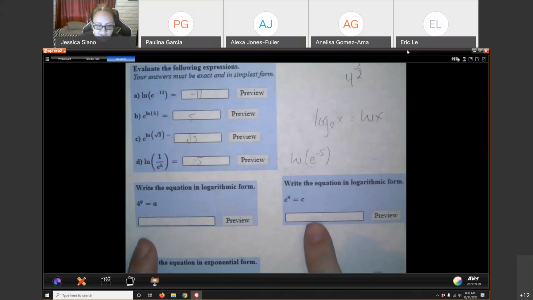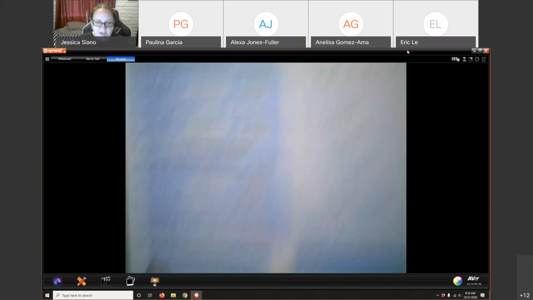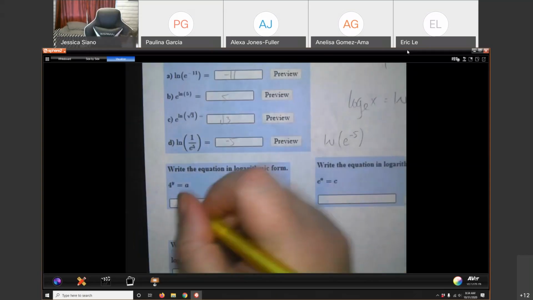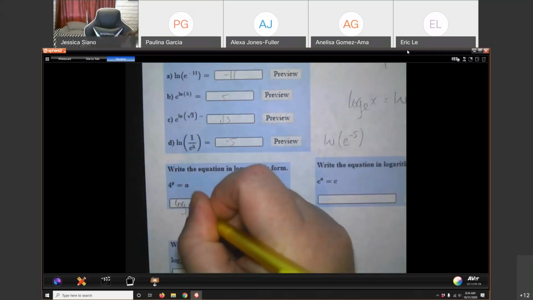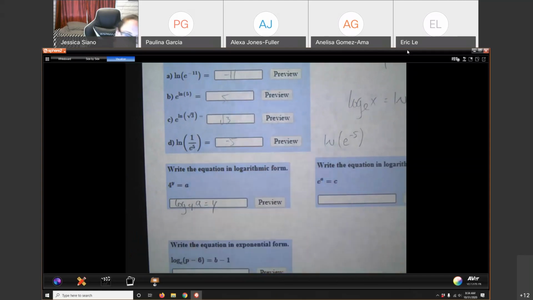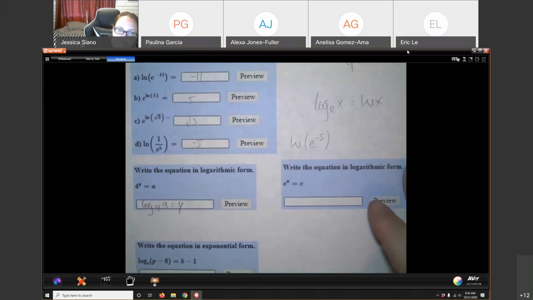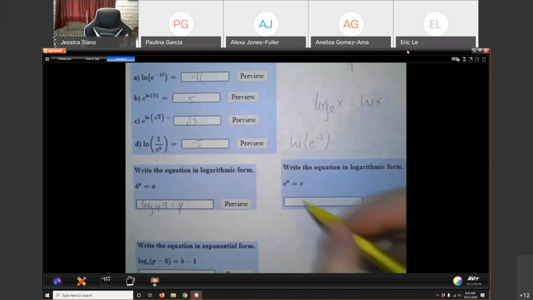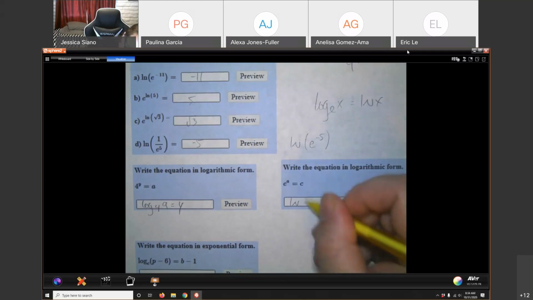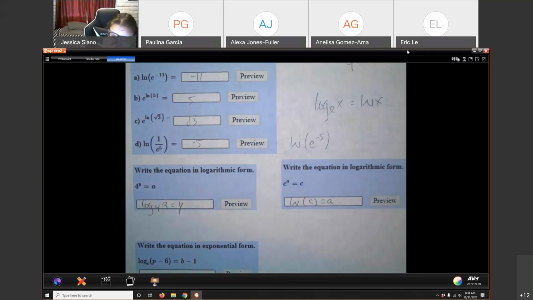So now I just mentioned how we convert these. So here, when I convert this, it would be log with base 4 of a equals y. This would be log with base e, but we don't write log with base e, we write ln of c equals a.